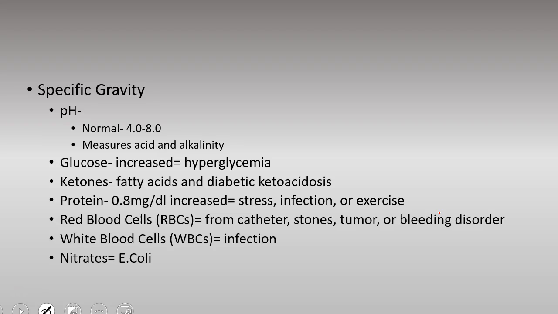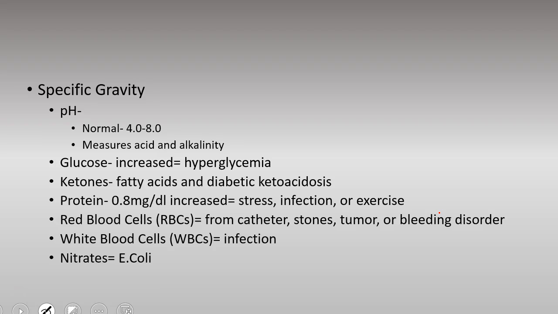If you have an 80-year-old grandma who you just placed a Foley catheter in, the trauma from the placement of the catheter in the urethra may cause her or him to bleed. So if you find red blood cells in a urine sample, it may be because of the actual catheter. A 40-year-old male may be passing stones, which also causes trauma to the ureters and the urethra.